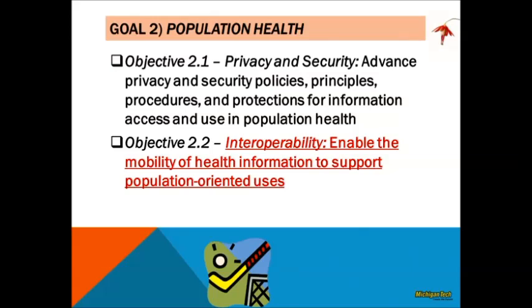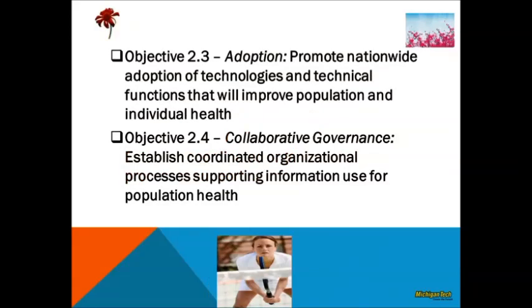For the first one, it was just for the patient's care, but this is for the population health. Also, we have the interoperability issue. Enable the mobility of health information to support population-oriented use. Also, we have adoption. Promote nationwide adoption of technology and technical function that will improve the population and individual health.